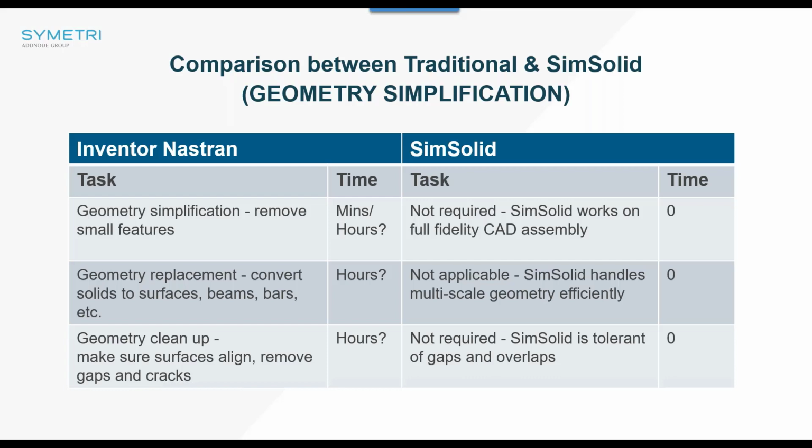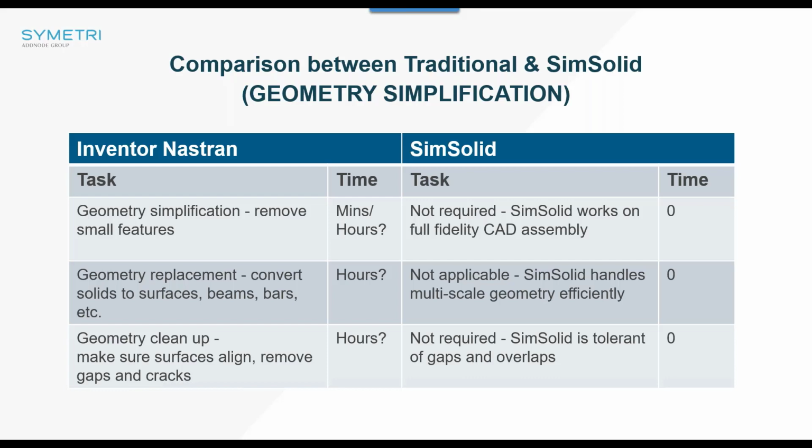It could be a surface, a beam or a bar, or we may have to spend a significant amount of time trying to fill the gaps or remove the gaps. Depending on the complexity or the scale of your geometry, it could take from minutes to hours. Obviously, when we're doing large scale examples, it could mean a lot of time. In some cases, it could take us days.